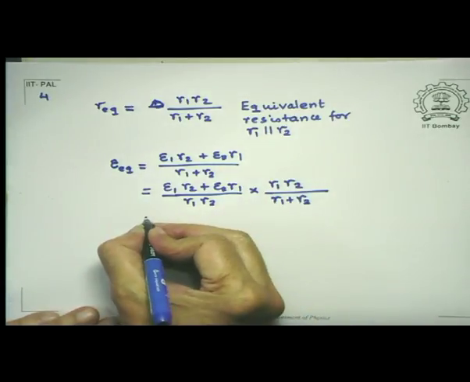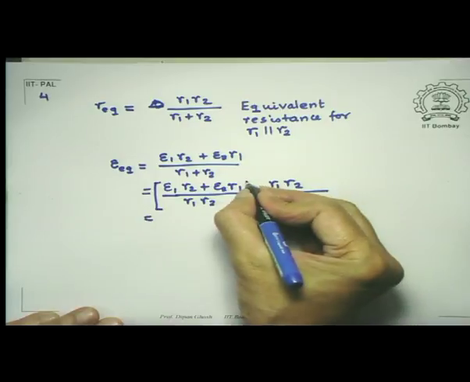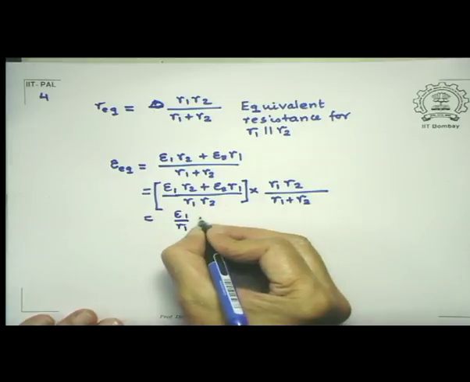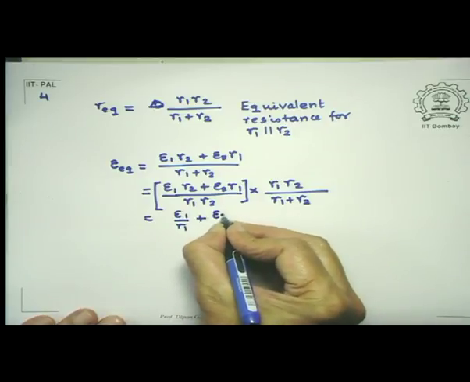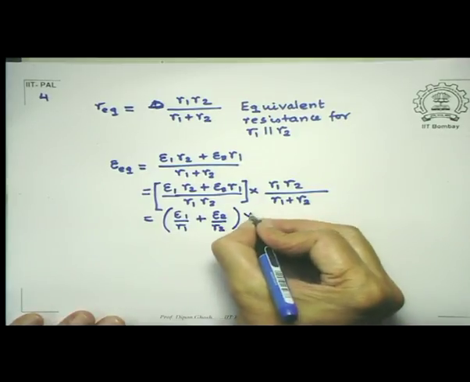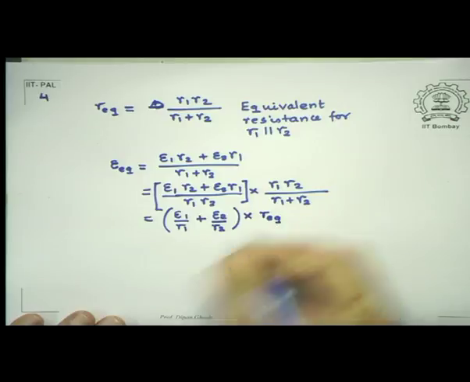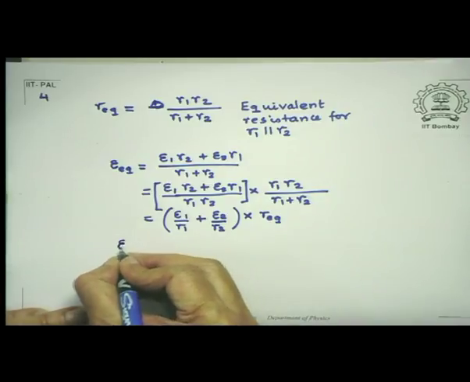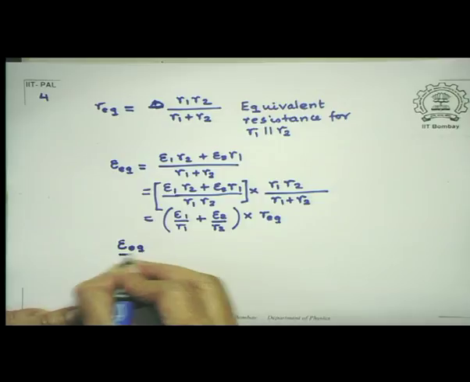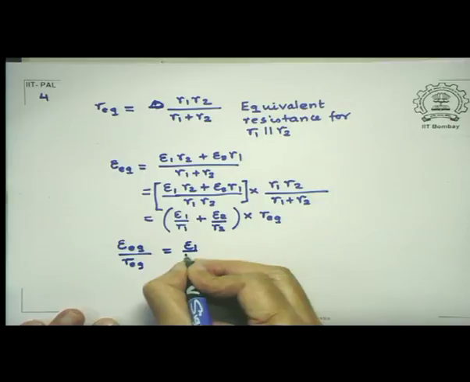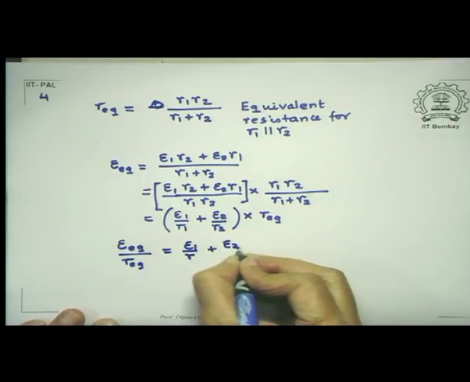Now this expression here I can rewrite as E1 by R1 plus E2 by R2, and this is, as we have seen, the equivalent resistance Req. So you notice that there is a very symmetric relation that we find for E equivalent, which is given by E equivalent by R equivalent is E1 by R1 plus E2 by R2.